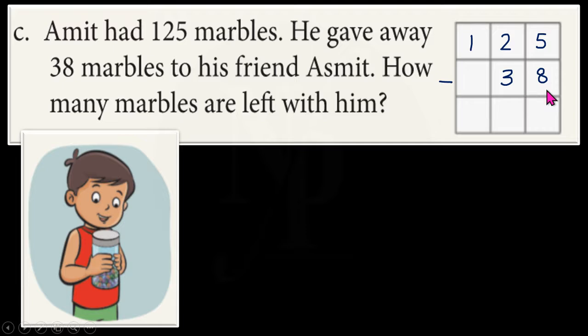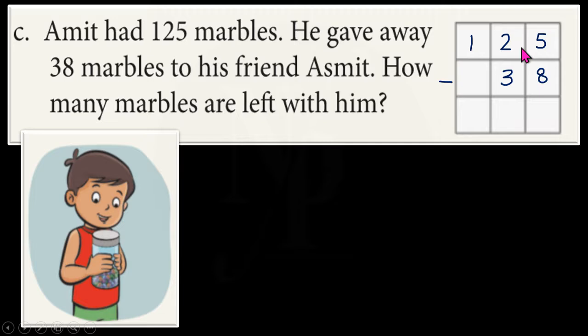Now we will subtract. Here we have to subtract 8 ones from 5 ones. It is not possible because 5 is less than 8. So we should regroup these digits.